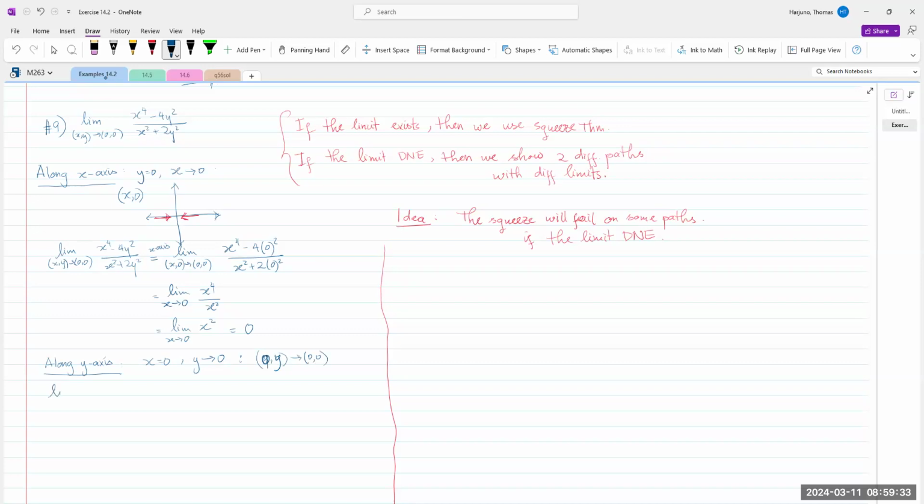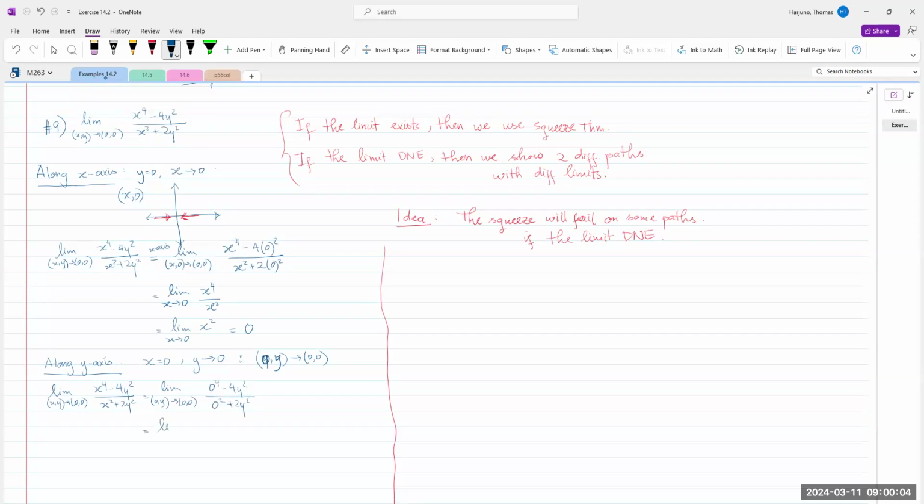So the limit as (x, y) goes to (0, 0) of (x to the fourth minus 4y squared) over (x squared plus 2y squared) is the limit as (0, y) goes to (0, 0) of (0 to the fourth minus 4y squared) over (0 squared plus 2y squared).